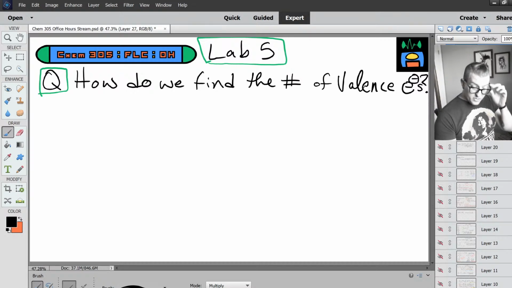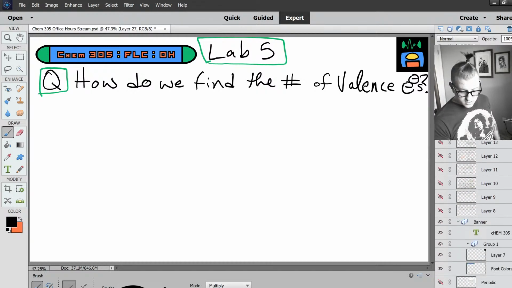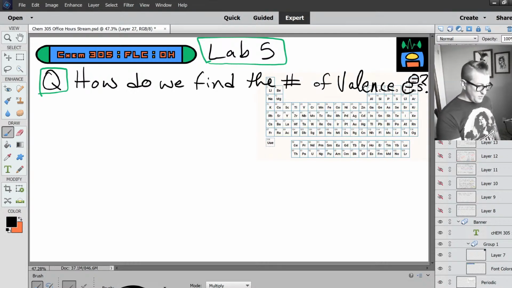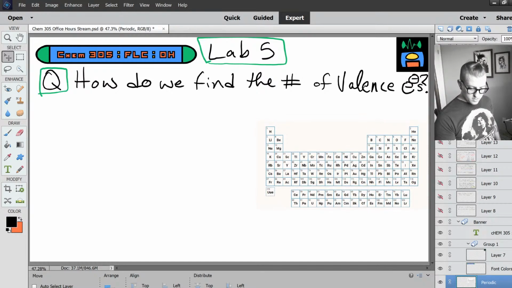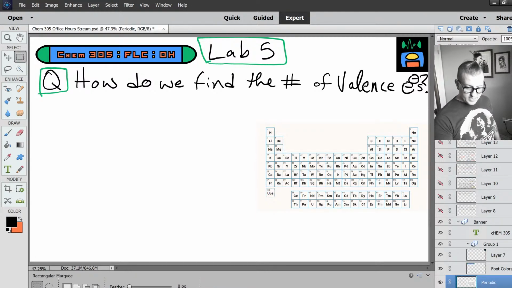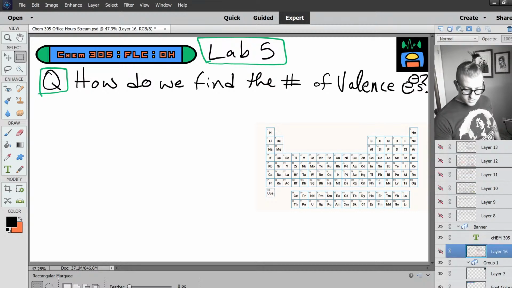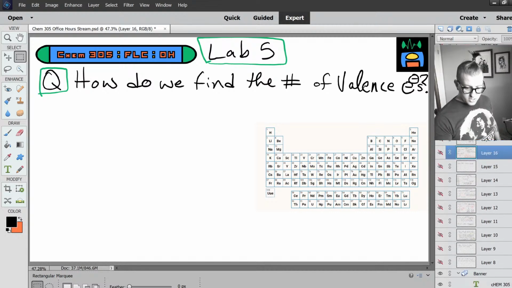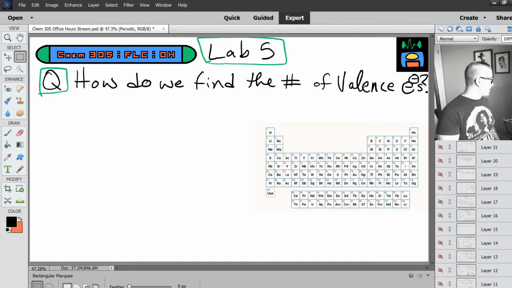So the way you do that is you actually have to consult the periodic table. To find the number of valence electrons, you have to take a look at the periodic table.